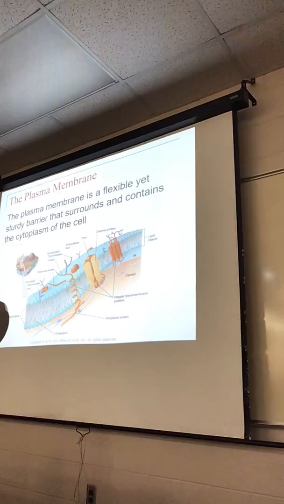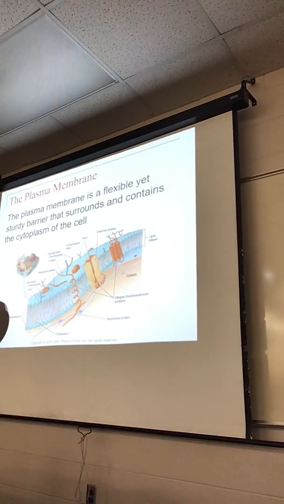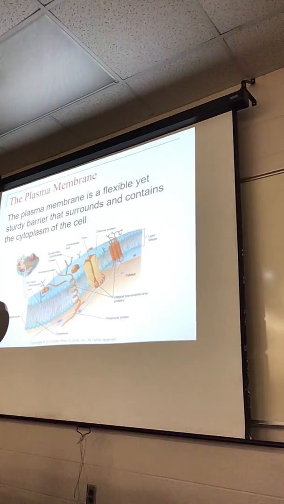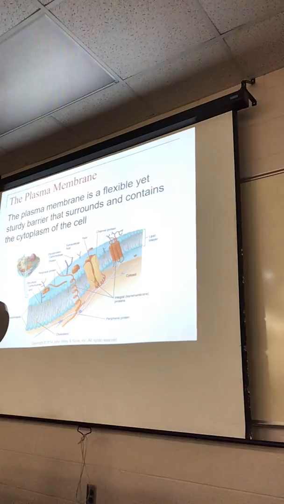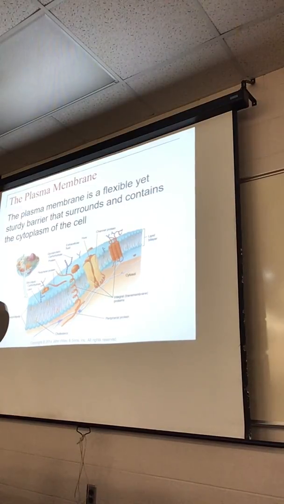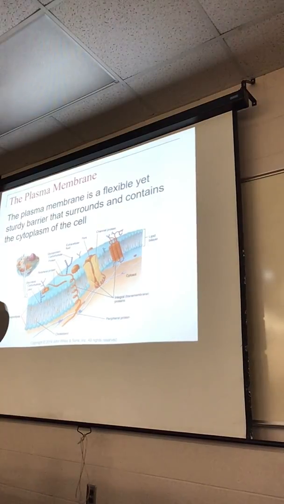It is mobile because the cell can move and contort as it travels through vessels, if it's a blood cell, as it moves around in the body. But it's also a sturdy barrier, and we'll see that it's very sturdy and that it doesn't dissolve on itself despite the watery environment of the body. And it surrounds the cytoplasm of the cell, so all the watery stuff and the organelles.